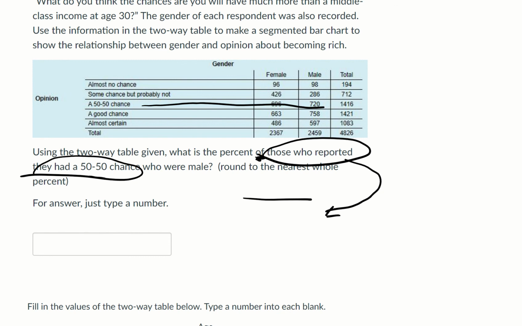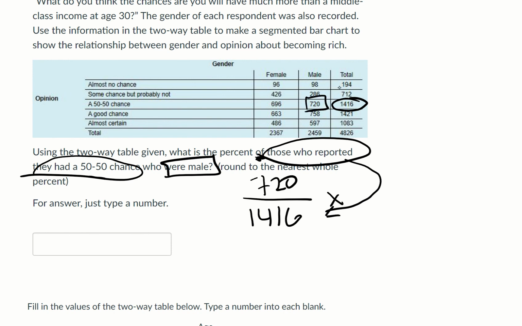That would be 1416. So that goes on the denominator. And so of those people, how many were male? Well, 720 were male. Okay, so 720 were male out of those people. So times 100, we'll get our percent.